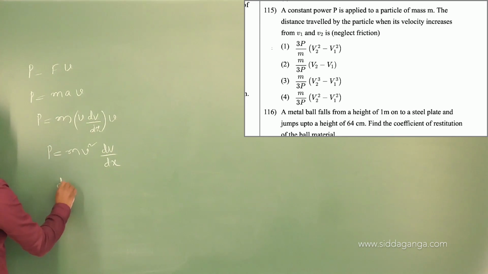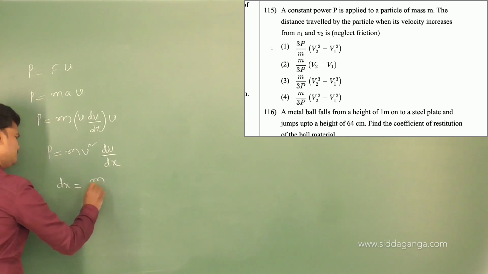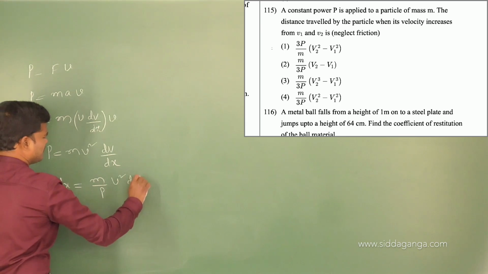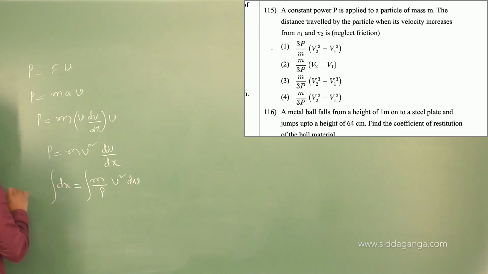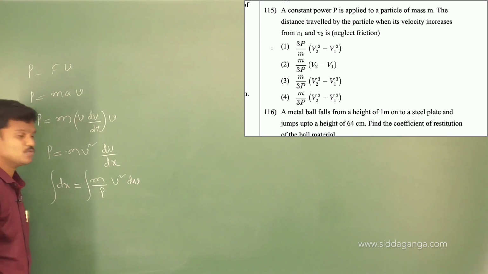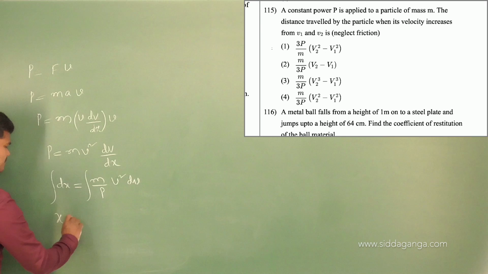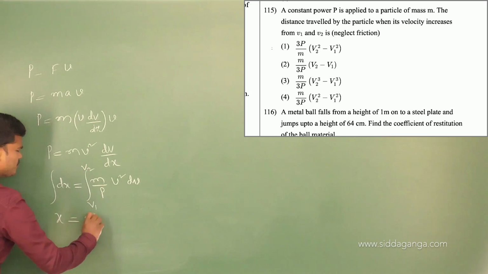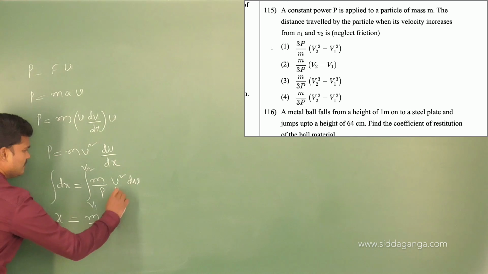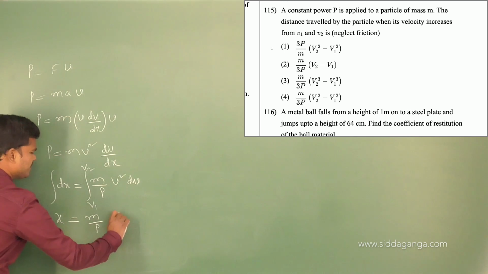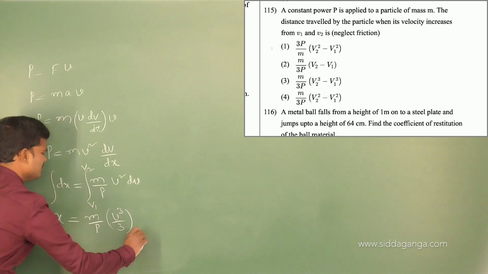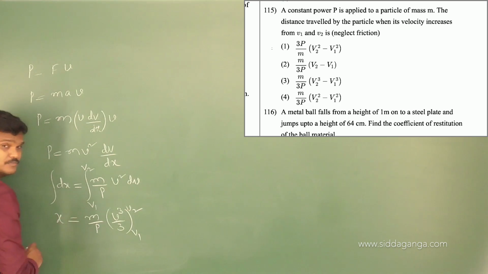Let me take dx to the left. dx is equal to m by P, v square dv, and use the integration. They mentioned the limits v1 to v2. Here distance is x. So m by P you write outside, v square dv means v cube by 3, limits are v1 to v2.